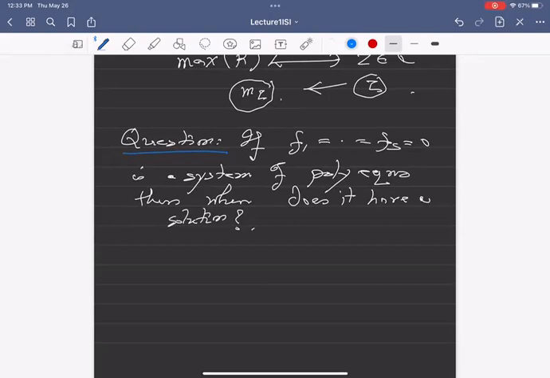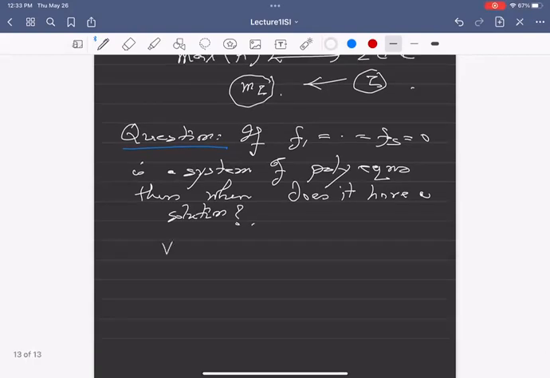Now you know the structure of maximal ideals. The set of zeros of the Fi is also the set of zeros of the ideal I generated by F1 up to Fs.